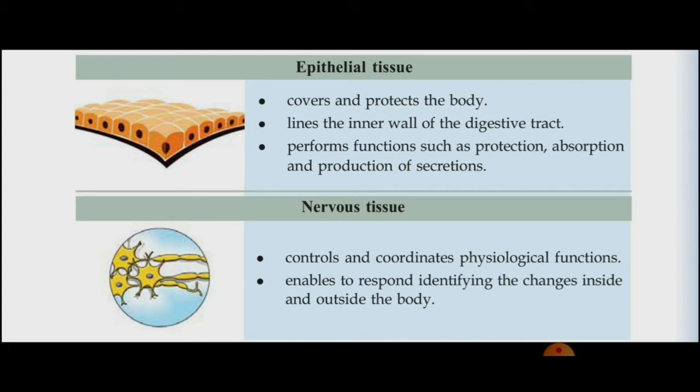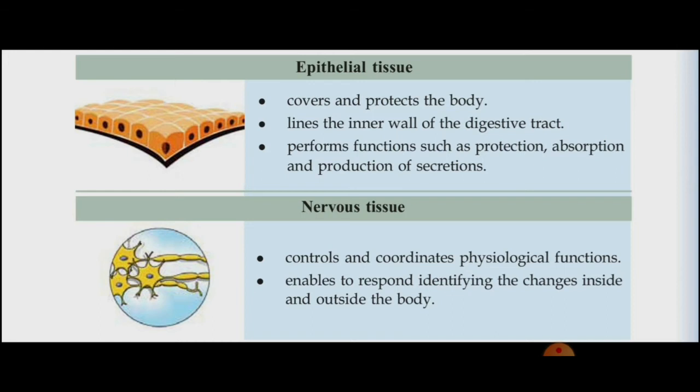Then one more function, it enables us to respond, identifying the changes inside and outside the body. According to the changes inside and outside the body, it enables us to respond.